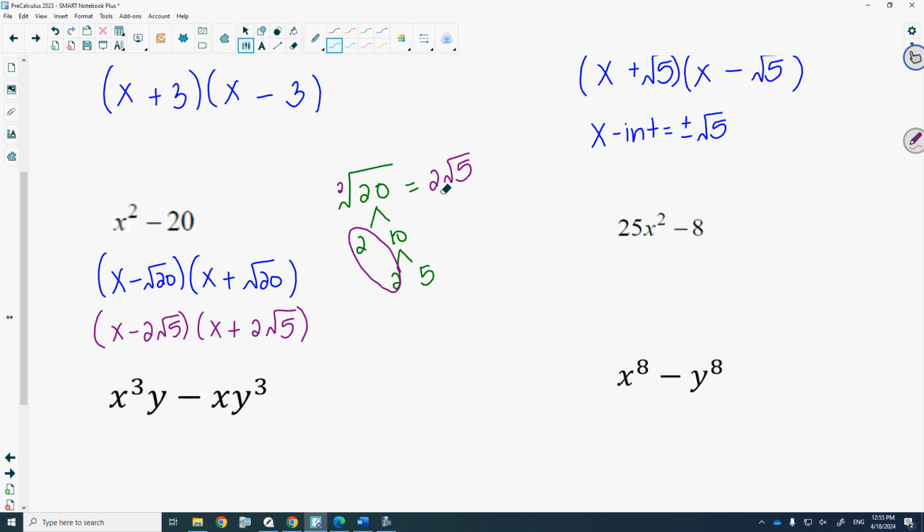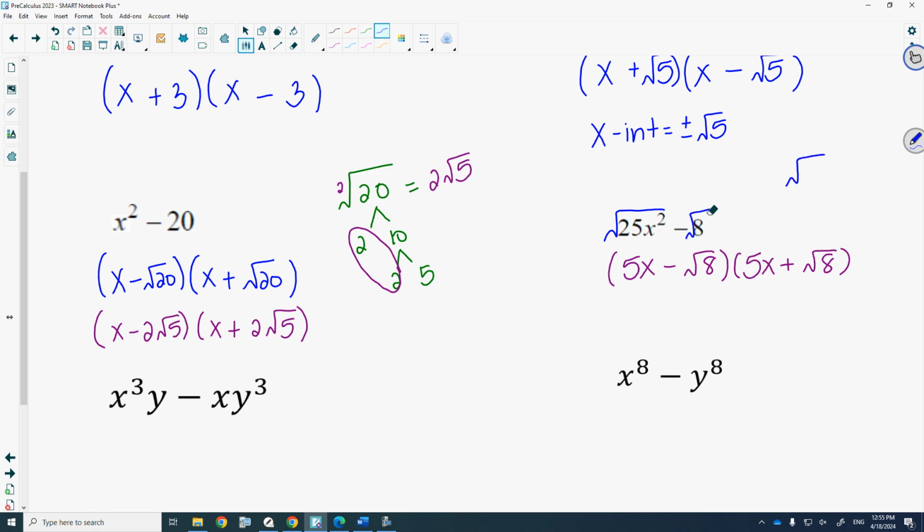Okay. This next one, 25x squared minus 8. Again, difference of squares. We would get 5x minus the square root of 8, and we would get 5x plus the square root of 8. So again, the square root of 25x squared is 5x, and then we would have the square root of 8.